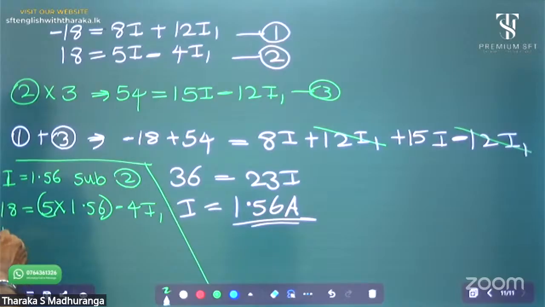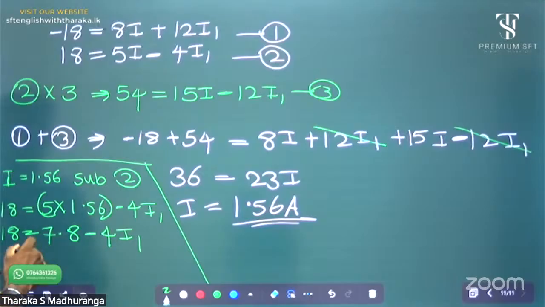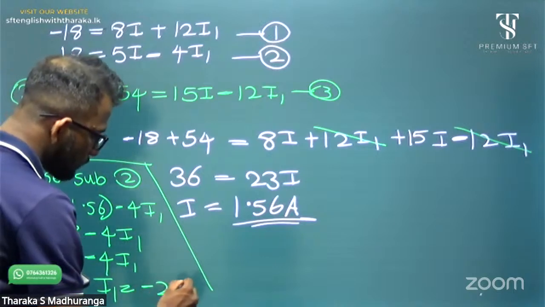Yes, 7.8. You have to practice these same questions again. Then 18 minus 7.8 is 10.2. 10.2 equals minus 4I1. Then I1 equals 2.55, but it is minus 2.55.